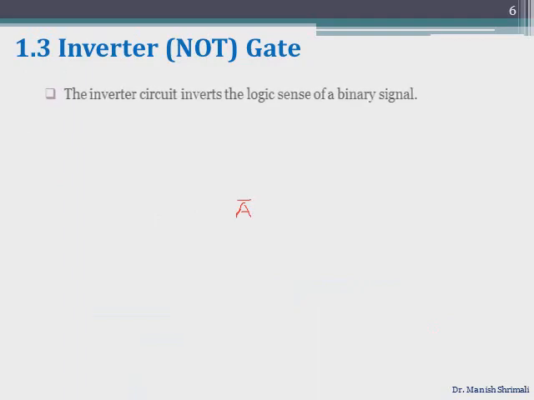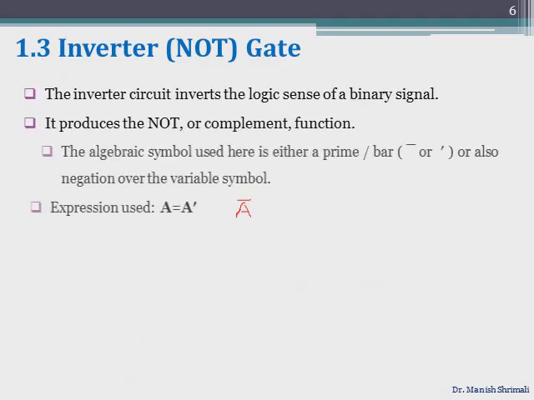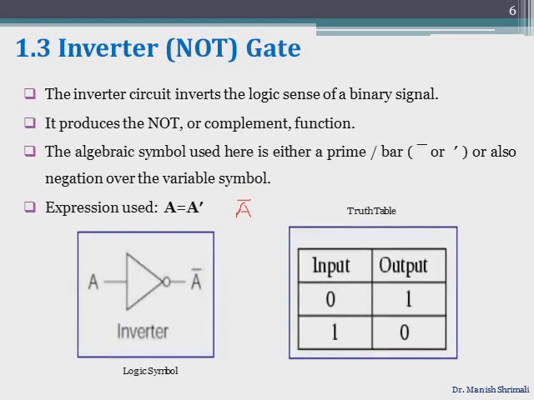Next we have the inverter, that is the NOT gate, and it inverts the logic sense of a binary signal, and it produces the NOT or the complement function. The algebraic symbol used in the case of the NOT gate is either a prime or a bar, or negation over the variable symbol. As you can see in the expression, it is written like a complement.